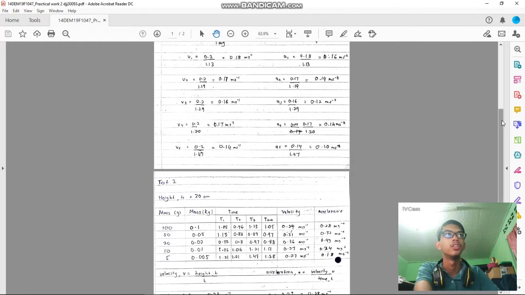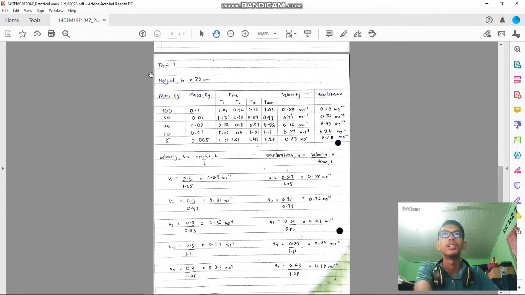And then we go to test 2. In test 2, the height is 30 cm. The masses are the same as test 1, just the height is different. We change the mass from gram to kilogram by dividing by 1000.